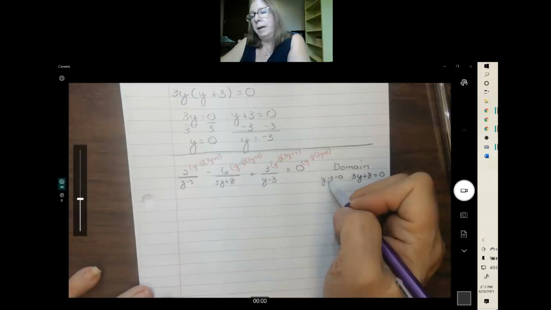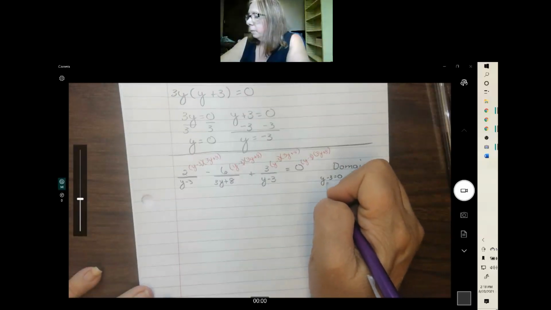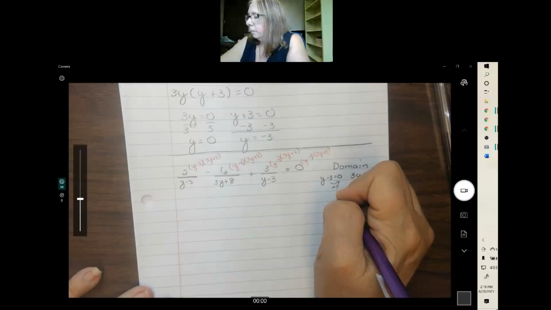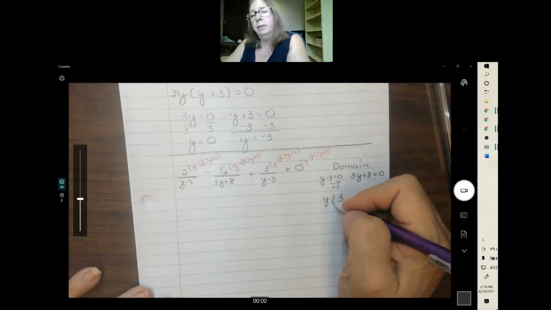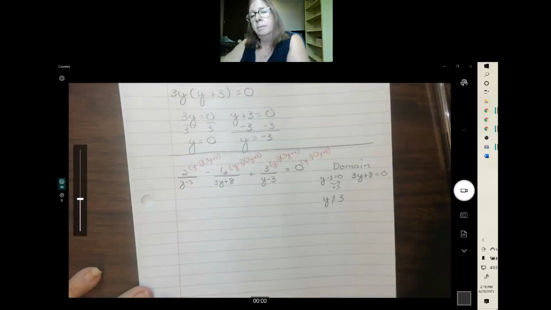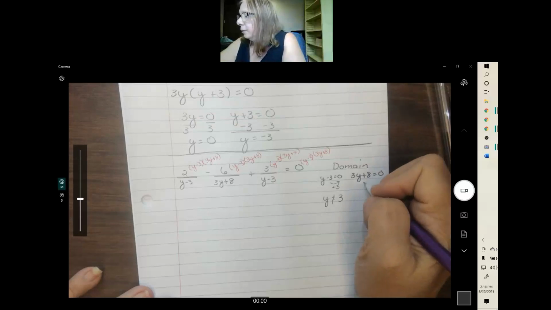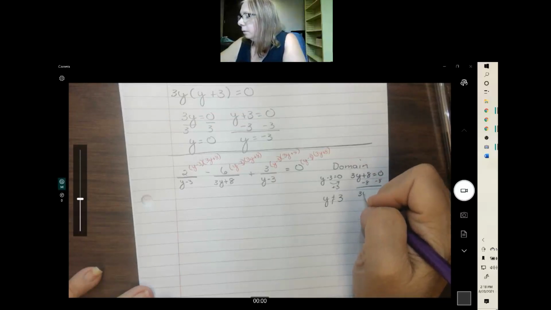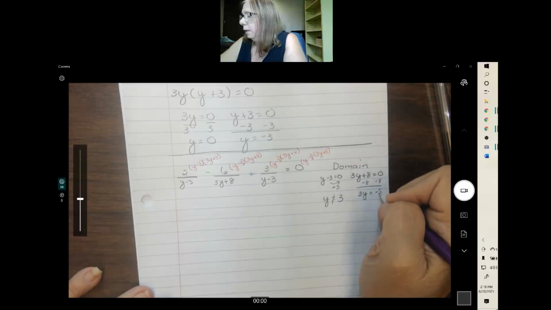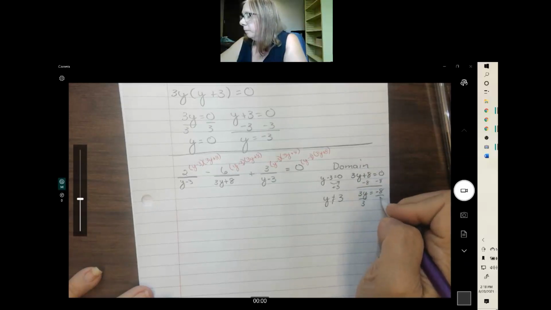And this one, when we solve, we'd add the 3 to the other side. So y cannot equal 3. On this one, we'd need to subtract the 8 to get it to the other side. And since this is multiplied, divide by 3.